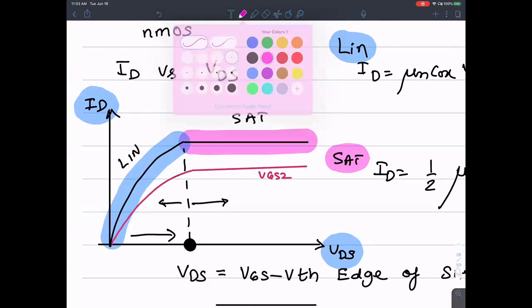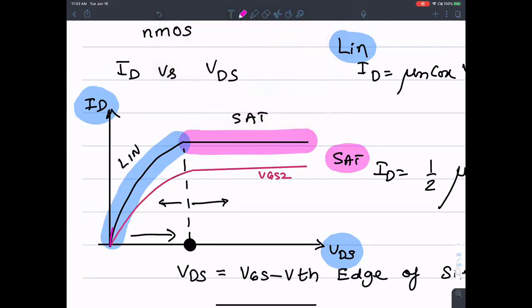We can even plot for a different value of VGS. This is VGS3. This guy is VGS1. So there are going to be different currents in the saturation region and different VDSAT for different values of VGS. We can plot a family of curves.